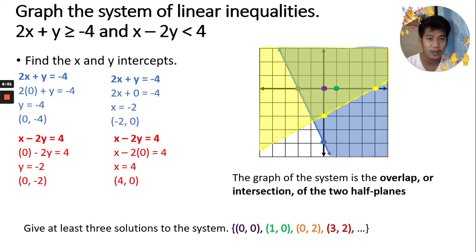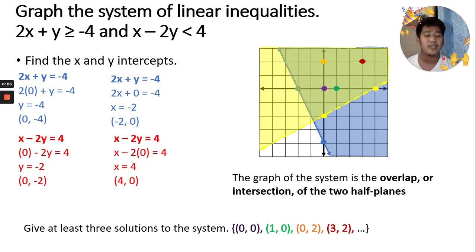All the points lying in that overlapping or intersection part of the two half planes are all solutions to the system of linear inequalities. So that's it. That's how easy graphing or solving a system of linear inequalities is. I hope you learned from this slide.